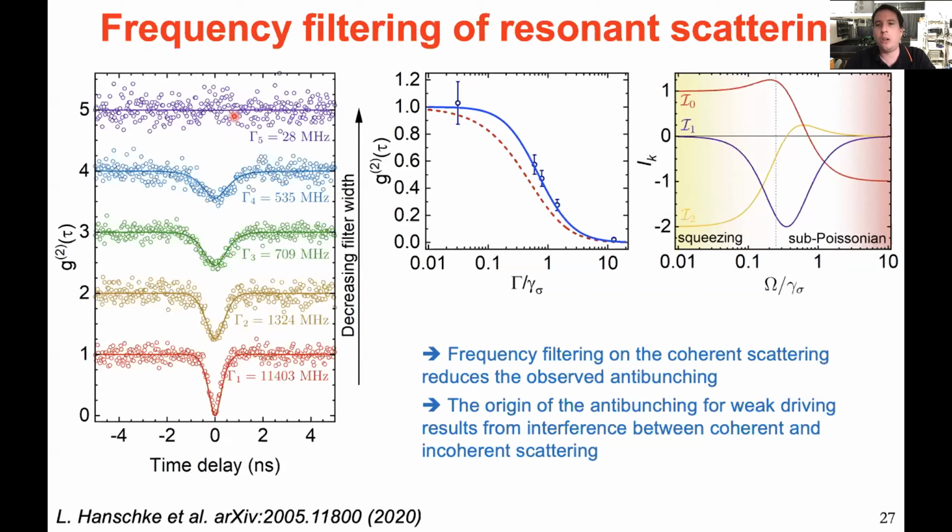Of course, this is kind of bad news because it tells you that just taking a two-level system and resonantly scattering a laser does not allow you to create single photons with sub-Poissonian counting statistics or anti-bunching. But on the other hand, this is also a great resource because it opens the path for actively manipulating the interference of these states and actually engineering photonic states that show subnatural linewidths and anti-bunching at the same time.